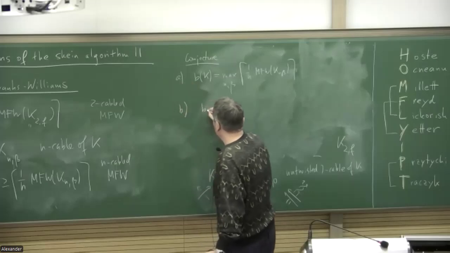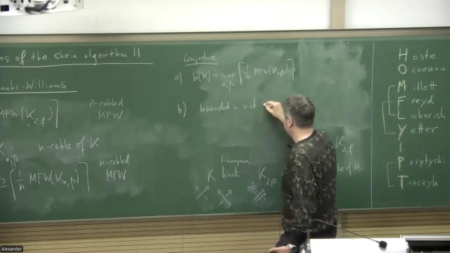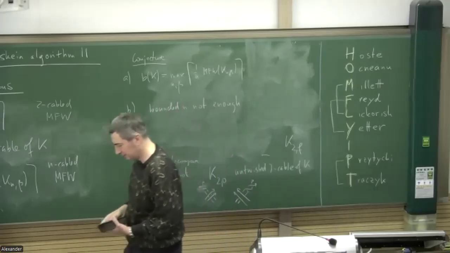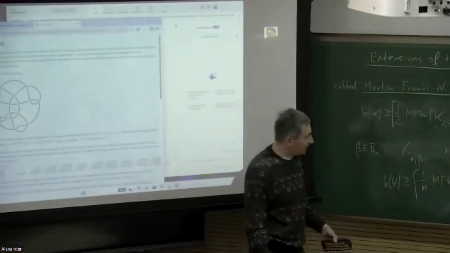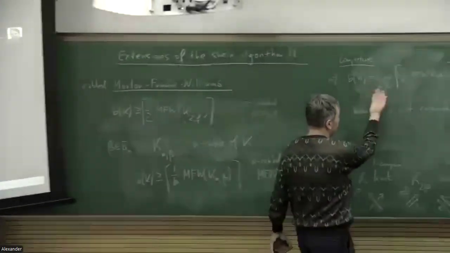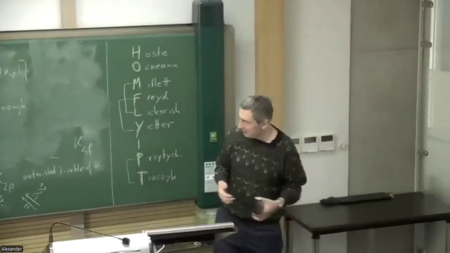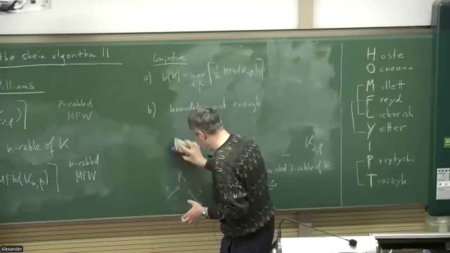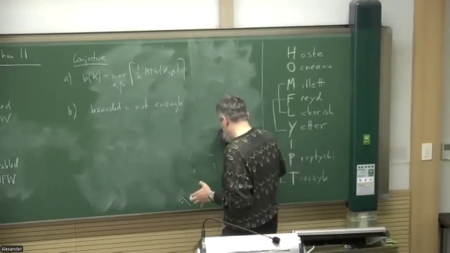The other part of the conjecture is that bounded n is not enough. This also seems to be true, or at least there is evidence for it. So here take the maximum over every possible n, and this means I allow cables which are very high. But the other part of the conjecture is that bounded n is not enough.